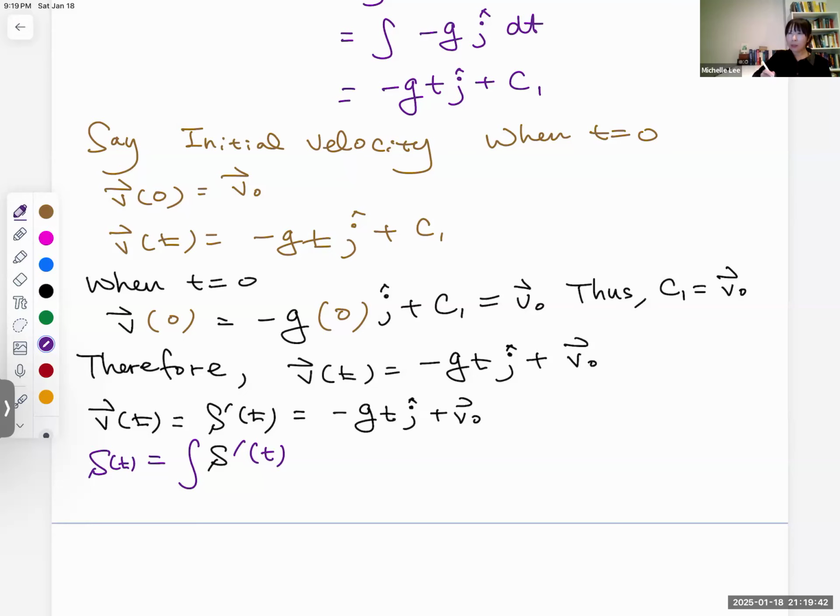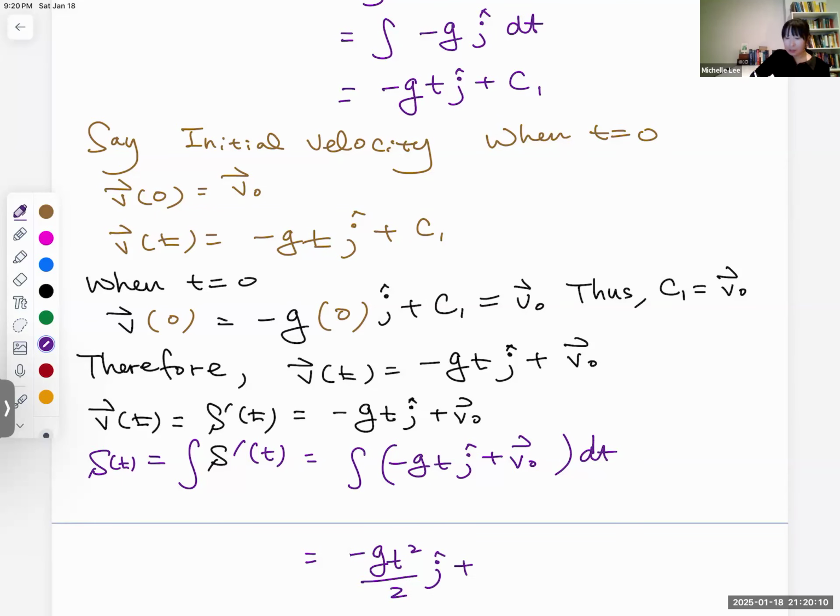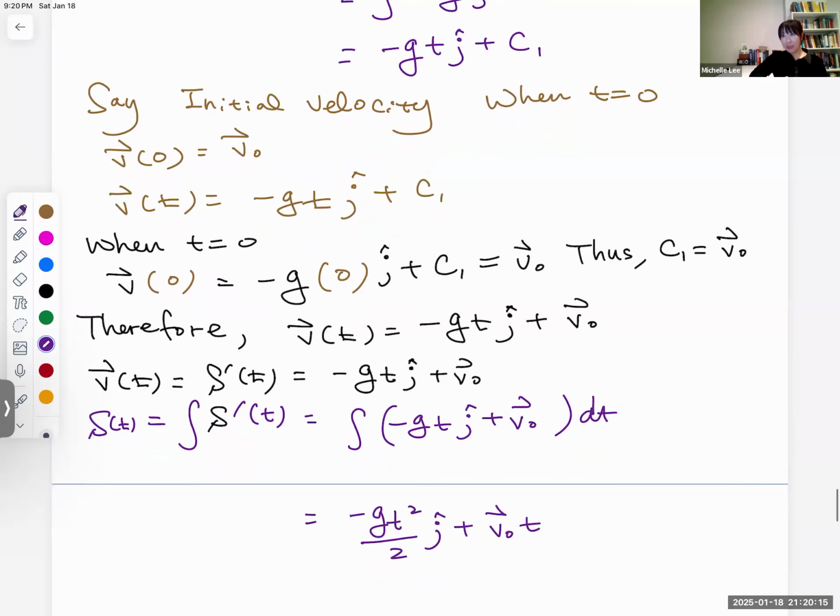All right. Then we want to integrate this one too: negative g t j hat plus v naught dt. Okay. Now we want to integrate, what do you get? So negative g t squared over 2 j hat plus v naught t, right? And plus c, right?